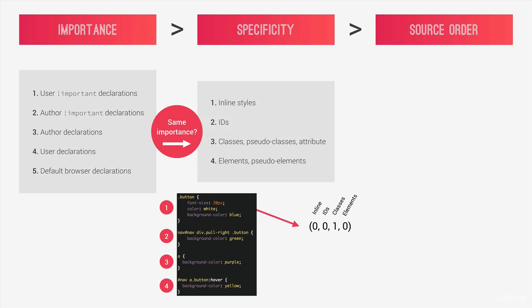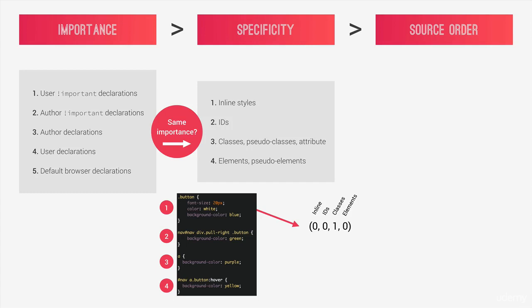So it's a 0. We also have no IDs here, so it's again a 0. But we do have one class, the button class, and so for the classes category we have a 1. And finally, there's no element selector here, so 0 for that one as well. And that's it. This selector specificity is 0, 0, 1, 0.